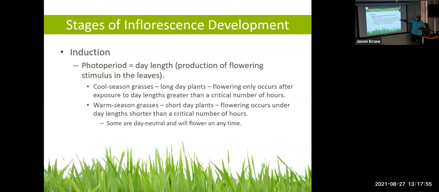One of the things here: the plant comes out in the spring, and when cool season grass first comes out, temperatures are warming up. In those initial few weeks, there can still be risks of frost and cold temperatures.